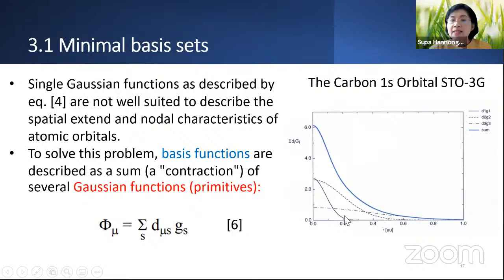Each function is not perfect, but if we combine all three, we get the summation of the functions, which shows a very nice Gaussian curve. This represents the carbon 1s orbital by the STO-3G function. So now we obtain a very nice basis function for the 1s orbital.